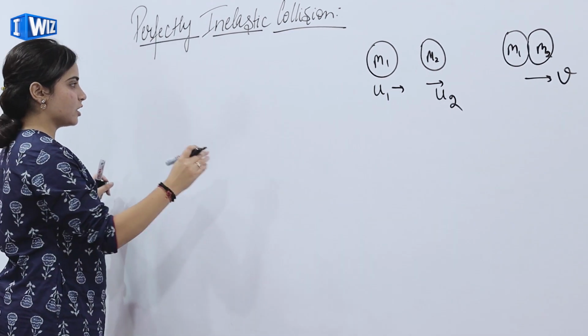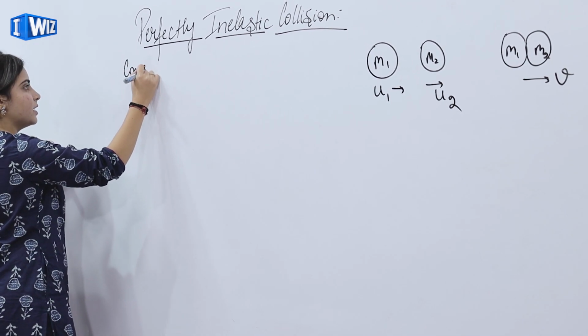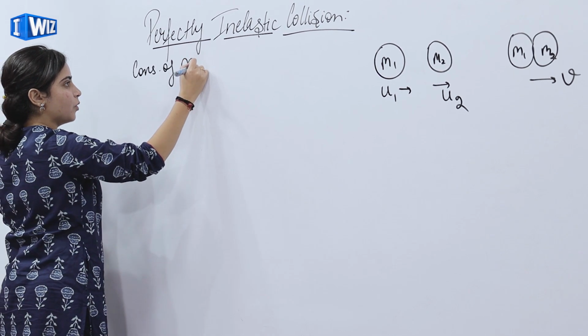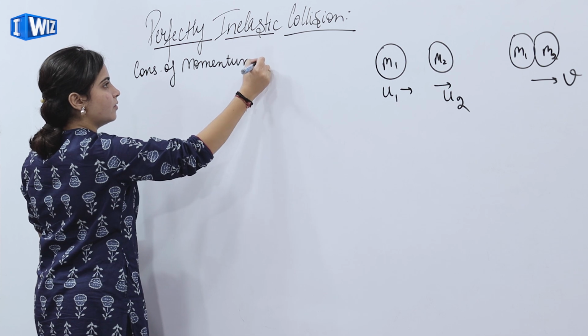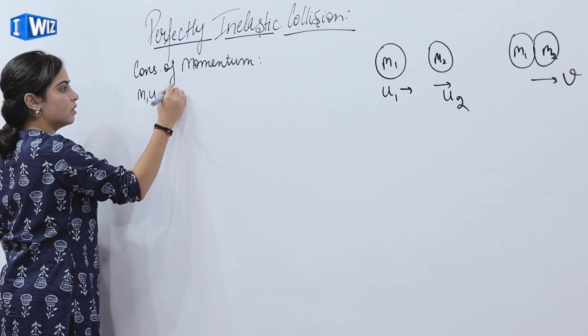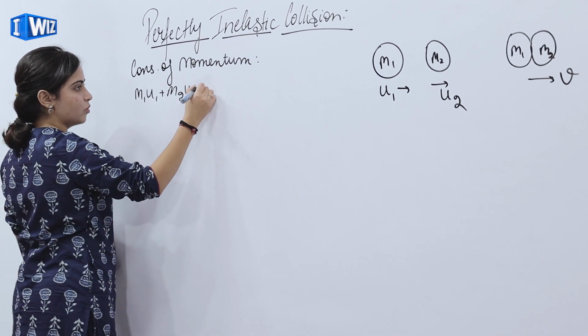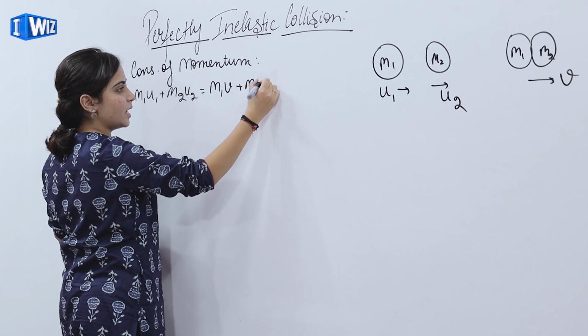This is my inelastic collision. For this, let's apply conservation of momentum, because momentum is conserved in inelastic collision. So I'll get m1 u1 plus m2 u2 is equal to m1 v plus m2 v.